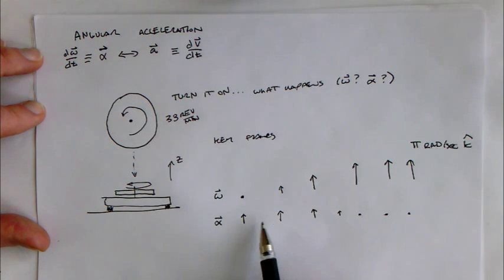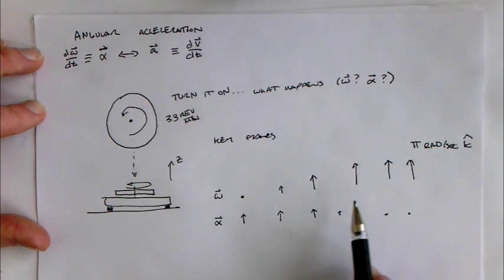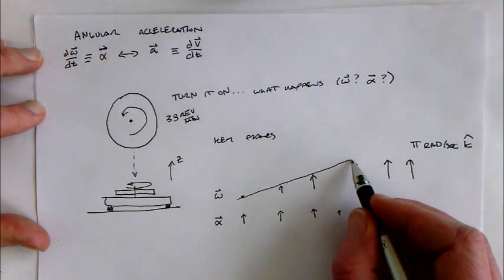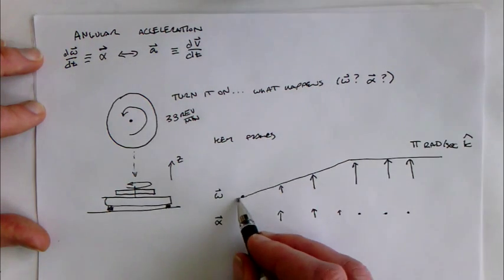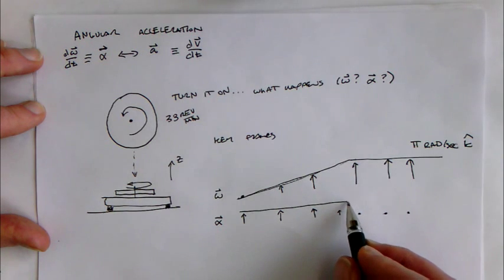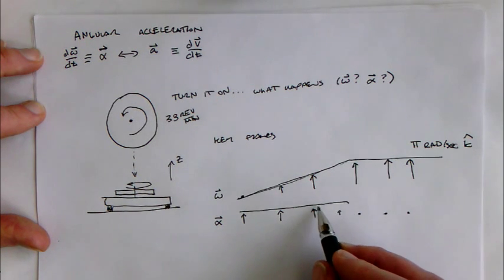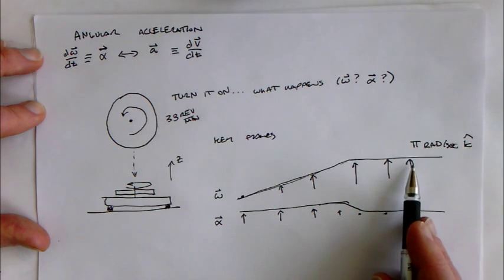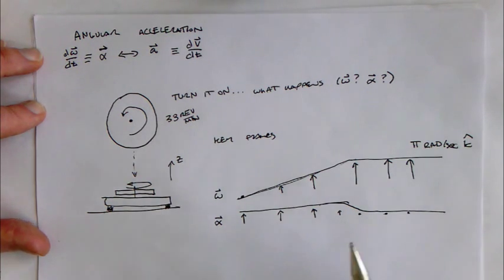So you have this analogy here that's pretty easy to see. I've got the angular velocity going up and becoming constant. During the time the angular velocity is going up, the angular acceleration is positive, and then that drops to 0 once the angular velocity has reached a constant value.